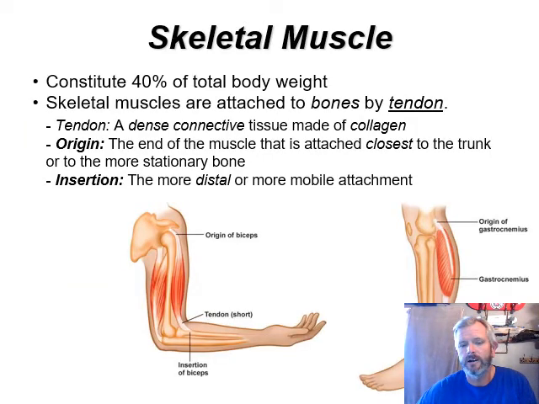So looking at our skeletal muscle as a whole, how is it set up, how is it arranged in the body? What we're doing is we're producing these levers by attaching the muscles to the bones and going across a joint. We're producing levers with the fulcrum at the joint, right?